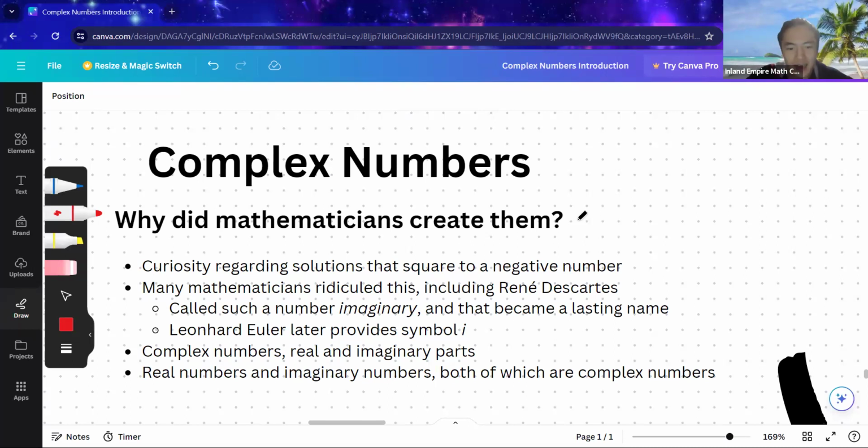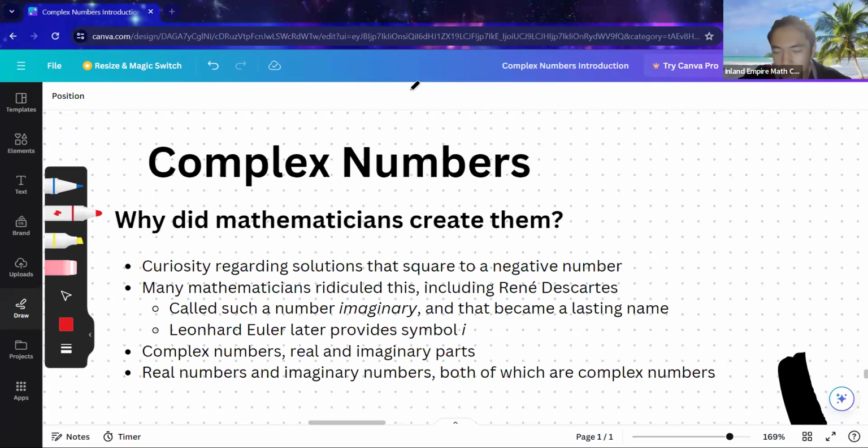He said that this number is imaginary, like he was joking, scolding these guys: the thing you're looking for is literally imaginary. And funny enough, that became a lasting name, and imaginary numbers is the name we give to this new set of numbers that we're going to talk about today.